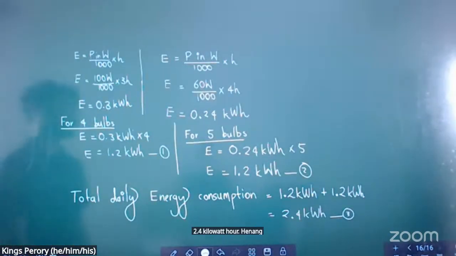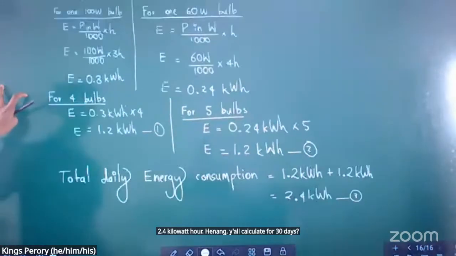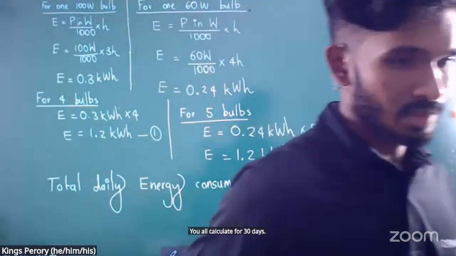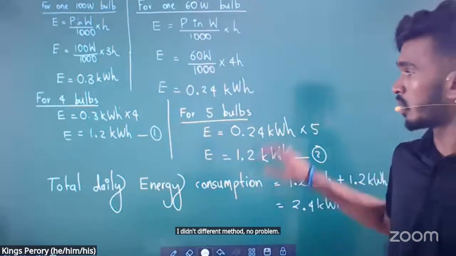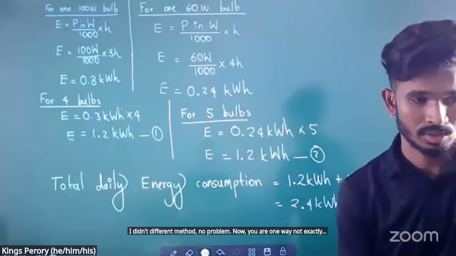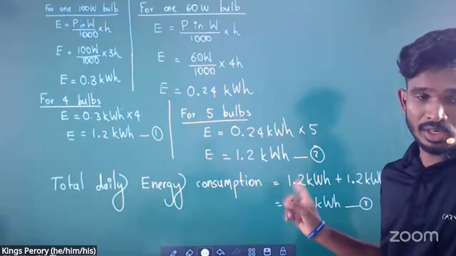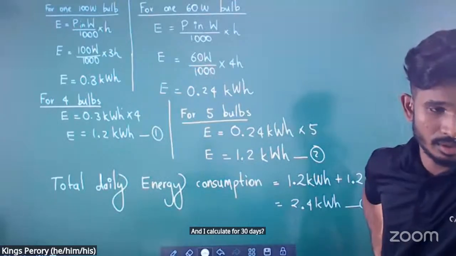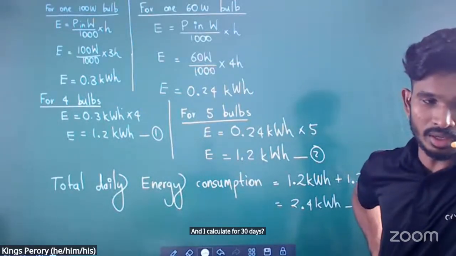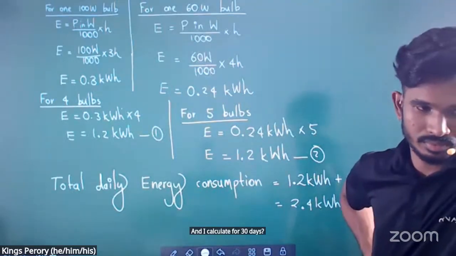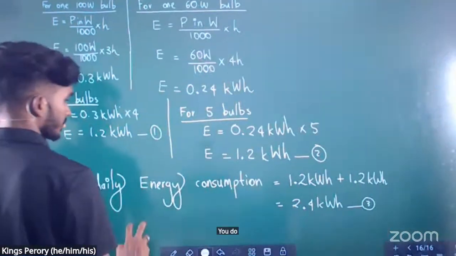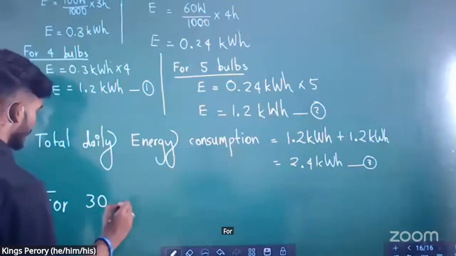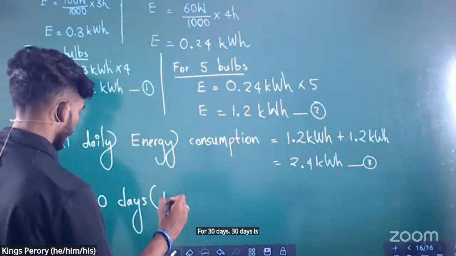Now calculate for 30 days. If you did it in a different method, no problem. You know the daily total electrical consumption is 2.4 kilowatt hour. Calculate for 30 days, so you multiply by 30. 30 days is 1 month.